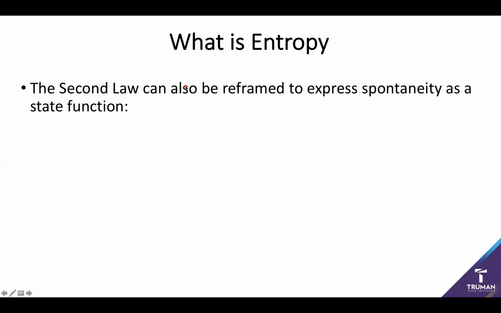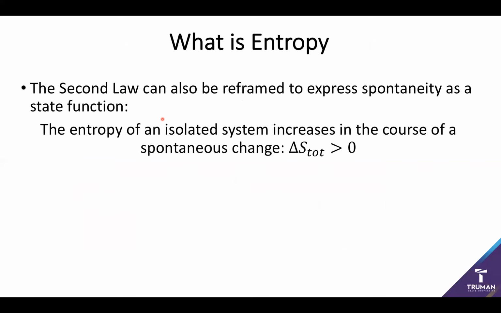However, it turns out we can also express the second law in terms of a state function. Because again, we love to be able to describe as many of our properties in terms of measurable quantities as we can. And so what we do is we describe the spontaneity in terms of entropy as our new state function.